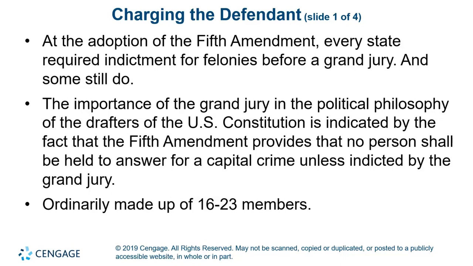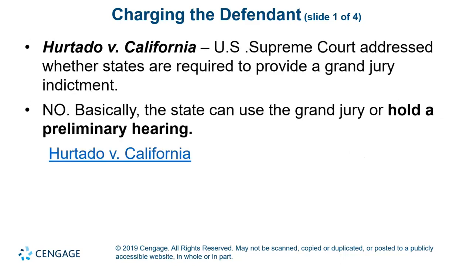Now, the importance of the grand jury in the political philosophy of the drafters of the Constitution is indicated by the fact that the Fifth Amendment provides that no person shall be held to answer for a capital crime unless indicted by a grand jury. Ordinarily, this grand jury is made up of 16 to 23 members.